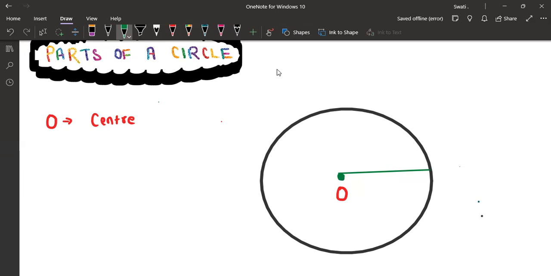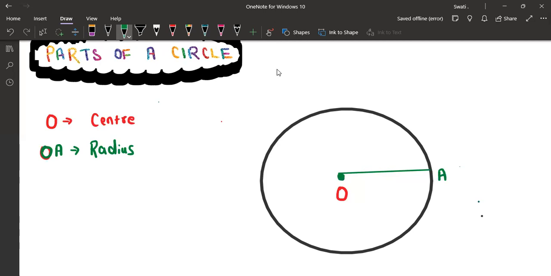So O, and then I'm naming this point A. So here OA is a line segment which joins the center of the circle and a point on the circumference of the circle. That is called the radius. Now, how many radii can we draw in a circle?